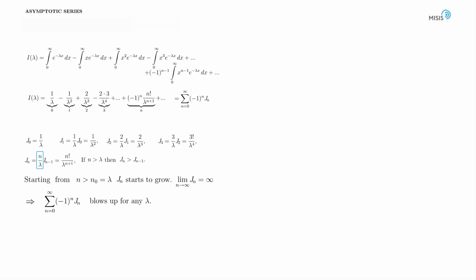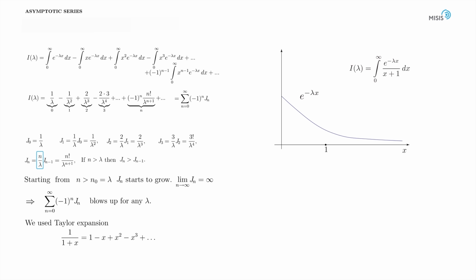Before analyzing what to do with it, let's think how it happened. Well, we used Taylor expansion for the 1 over 1 plus x function when computing the integral. This seemed reasonable since the integral is dominated by a fast decaying exponential with large decrement lambda. So the important x domain is small, from 0 to 1 over lambda.